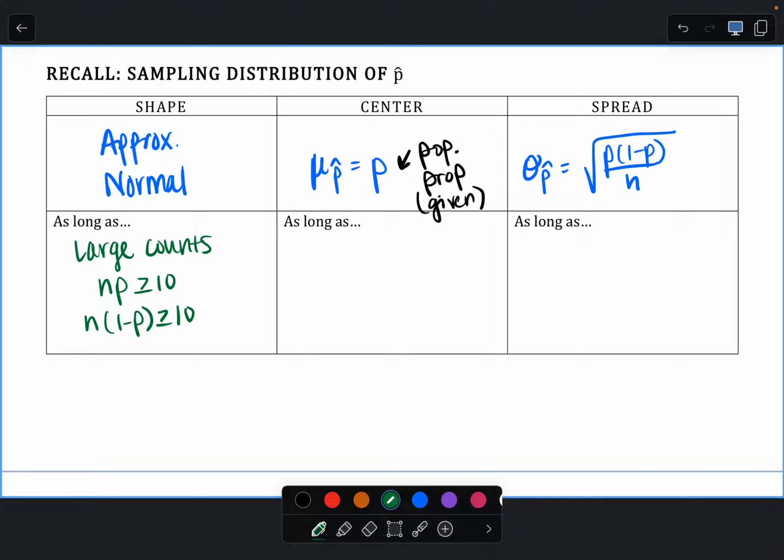Now, for the mean, if I wanted to calculate the mean based on the population proportion, I had to make sure we have random selection if we are sampling, or random assignment if you're doing an experiment.